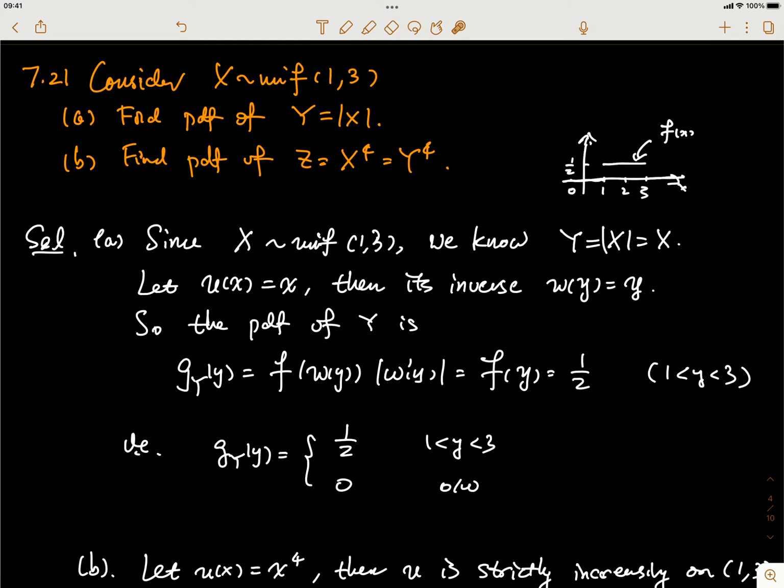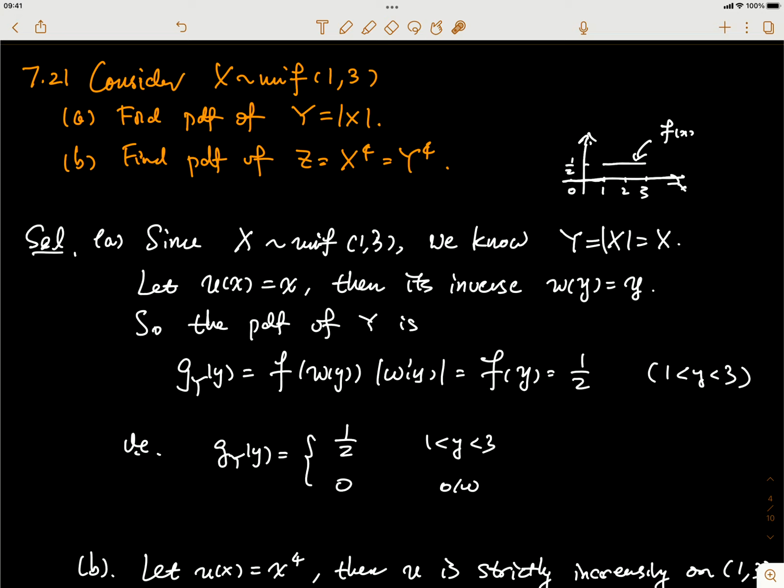But in this case, if you try to use the method we learned in class, then we can define this function u of x just equals x itself. So the inverse will be just the identity as well. And the PDF of y, according to the formula we had, will be equal to the PDF of x evaluated at w of y times the absolute value of w prime at y.